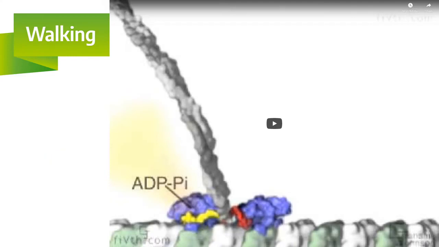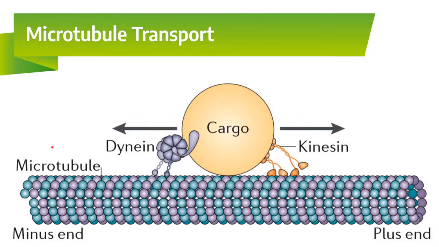So what it looks like is that kinesin can only move in one direction. If you look at the microtubule, there's something called a plus and a minus end. The plus end is directed towards the outside of the cell, which means the plasma membrane, and the minus end is directed usually towards the cell nucleus.